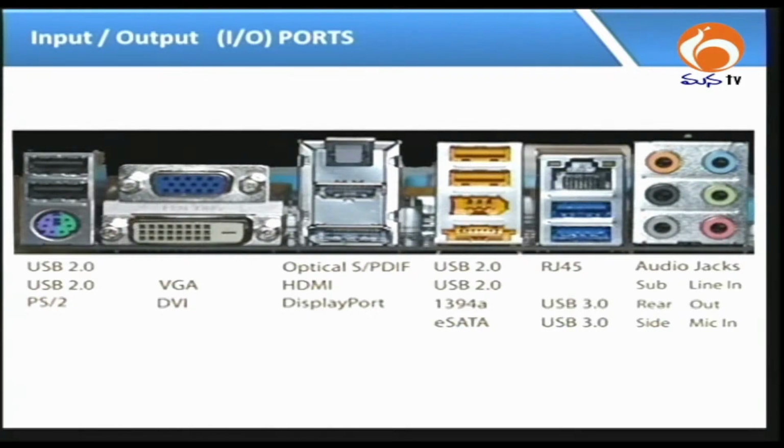One more input output interface from the motherboard is DisplayPort. This DisplayPort is generally used to connect special type of video sources. This has become outdated. On the screen you can see the two USB 2.0 ports. Under them you can see one more type of port, that port is 1394A.